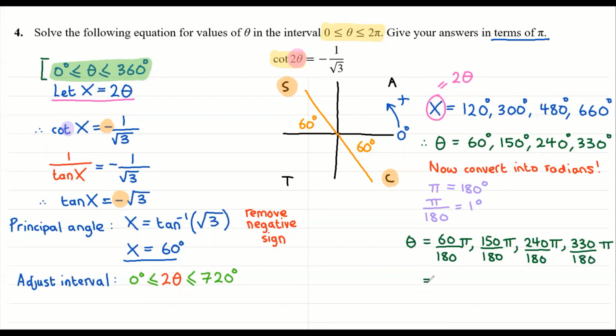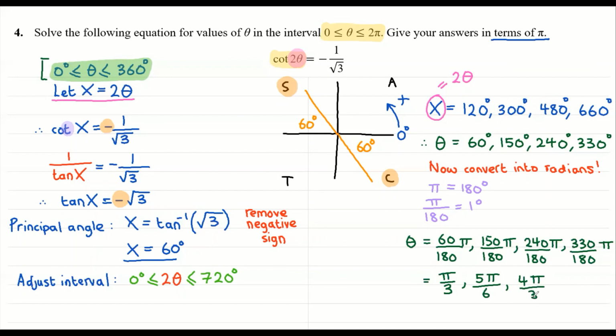So final step, just simplify all those. So classic one, pi over 3 for 60 degrees. That's the first angle. 150 over 180 is 5 over 6 in its simplest form. So it's 5 pi over 6, dividing by 30 essentially. Then we've got 240 over 180, which simplifies to 4 over 3.